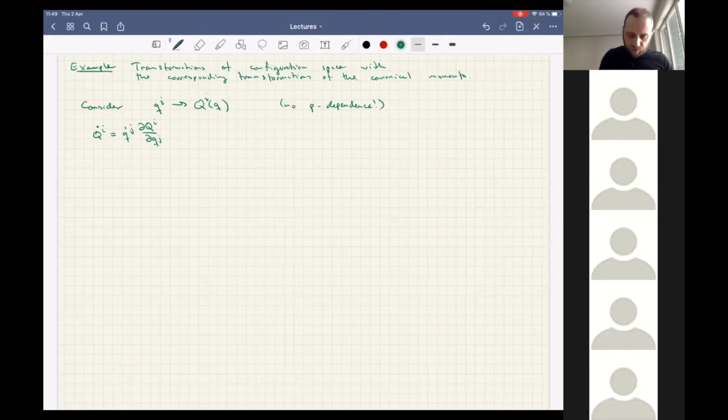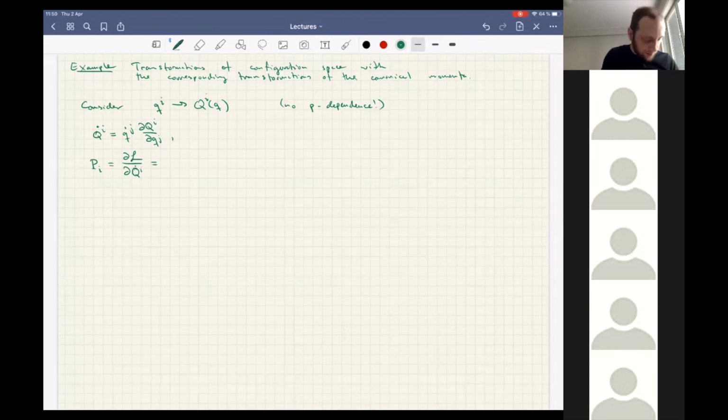This means that if I look at the canonical momentum, or rather the capital canonical momentum, so I'm taking the canonical momentum now in the capital coordinate system, if I look at P i, I'm going to define this as the partial derivative of L with respect to Q i dot.